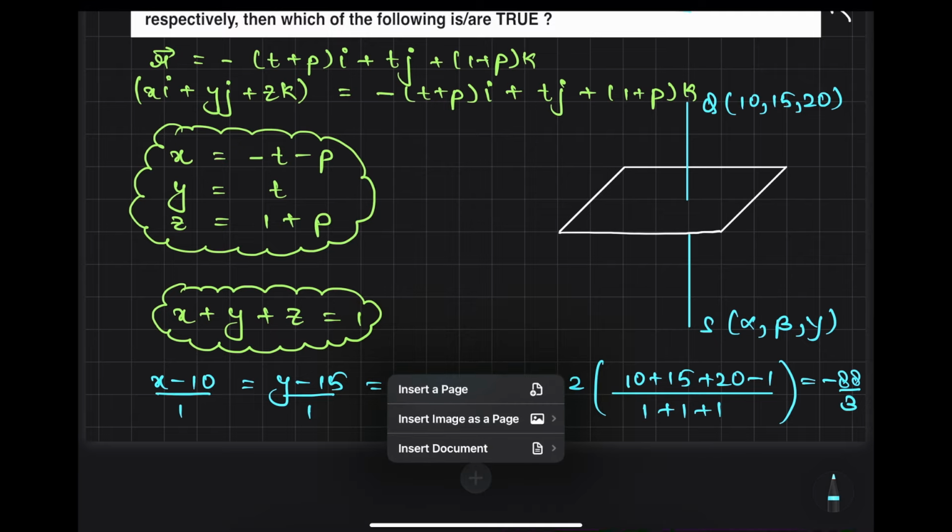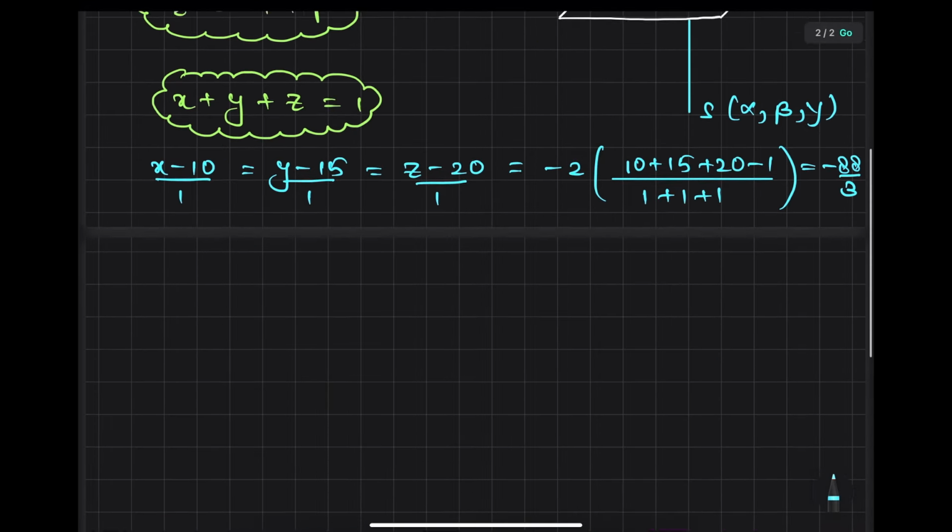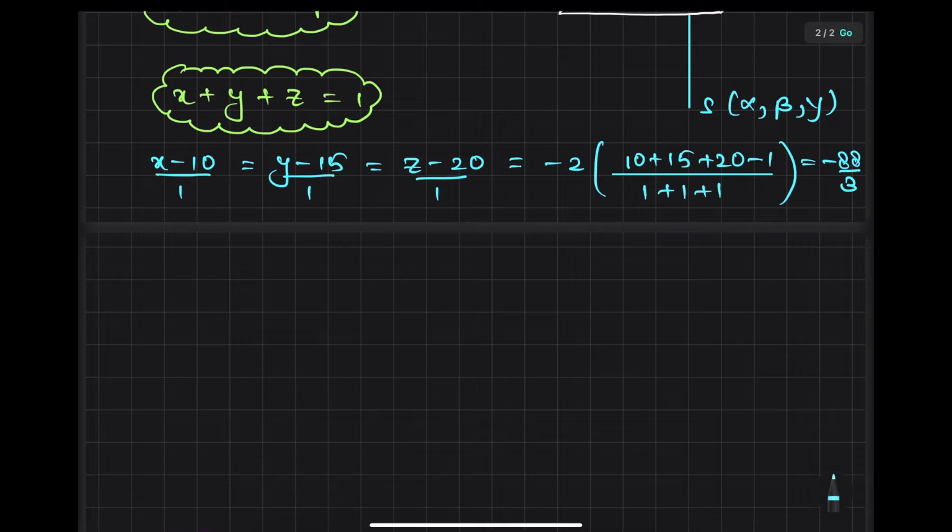Okay. Now try to find out the value of x. So x will be equal to what? Minus of 88 by 3 plus 10. 10 will go that side. So plus 10 means what? 30 by 3. So it is minus of 58 by 3, which is alpha.